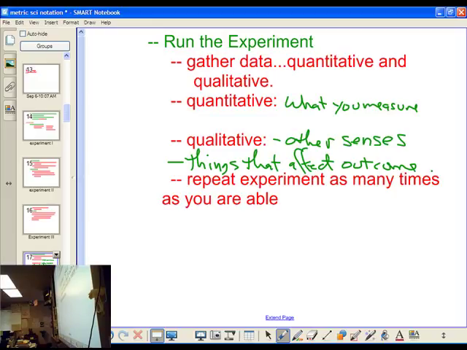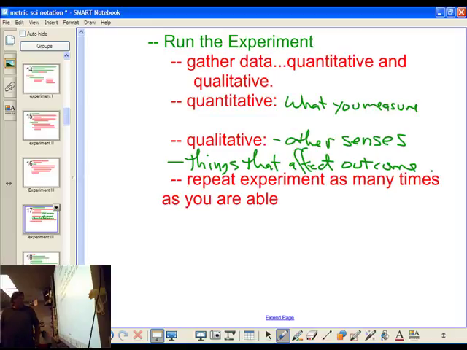Not all thermometers are the same. It could affect your data. Not that it will, but anything that might affect your data, you want to make a qualitative observation, and we try to repeat our experiment as often as possible. Okay?